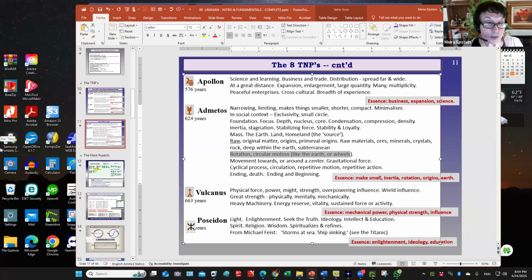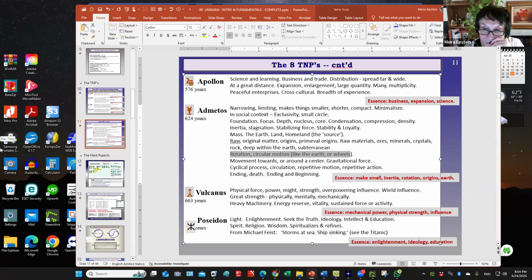Apropos, remember cross reference. Always look for cross reference. So cross-reference for the bicycle, for the wheels, is Gemini. And I'm giving you clues as to what you can compare in order to confirm your thoughts. So Gemini is also the movement around, and Admetos is the wheels that turn.